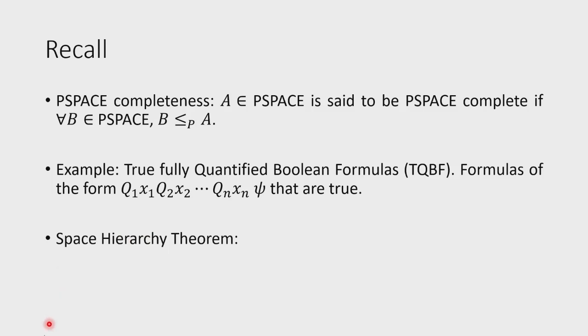Excuse me. In PSPACE, B is reducible to A in polynomial time. So why do we take this polynomial time instead of maybe log space? Okay, so when you define a reduction, you have something in mind, right? For example, when we defined the polynomial time reduction for P and NP, we had a question in mind: whether P is equal to NP or not.